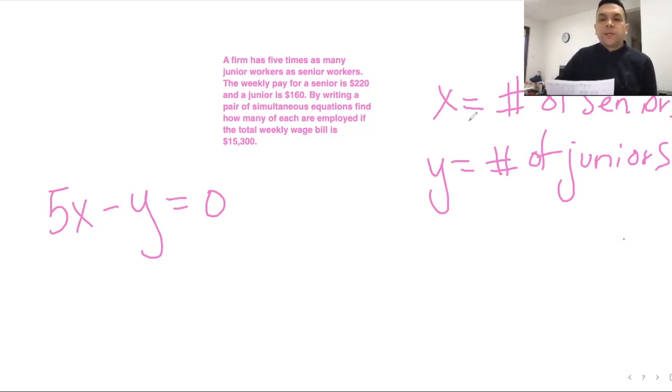So we have to take the number of seniors and multiply by 5 to get the number equivalent to the number of juniors.